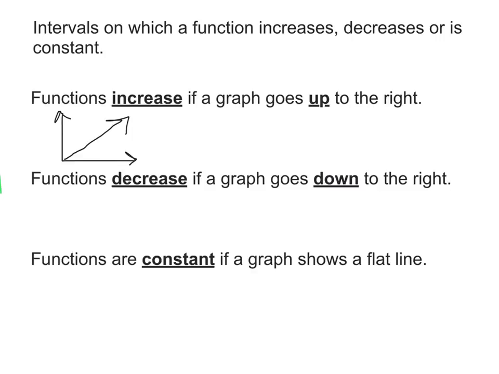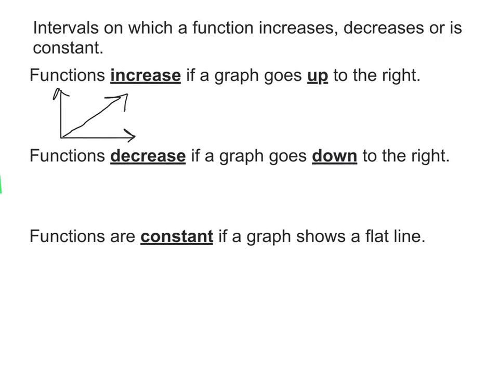So if we're going to read this graph left to right this way, you'll notice that the direction of the line is going up to the right. So again, reading the graph left to right, follow that line. If the line is going up, then that graph is increasing. So a graph that is increasing goes up to the right as you're reading from left to right.